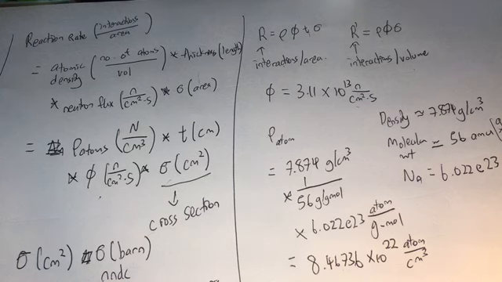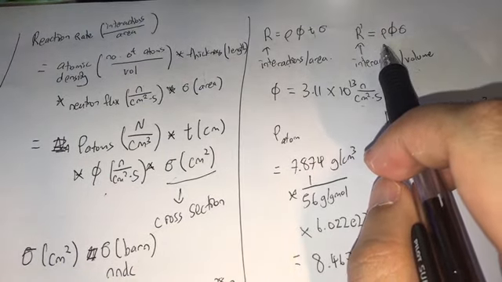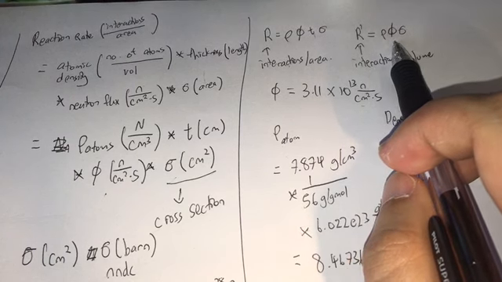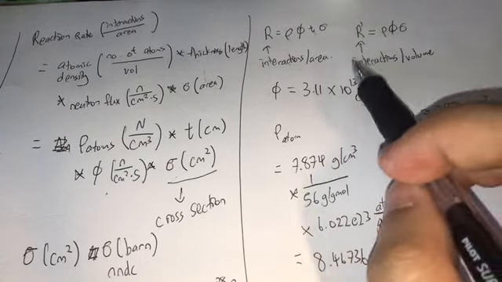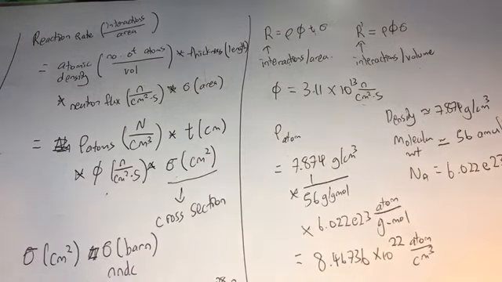Now, what is this reaction rate? We've already considered the atomic density. We've also considered the flux. We are using this interactions per volume kind of term, or reaction per volume. So now all we need to do is find the cross-section.